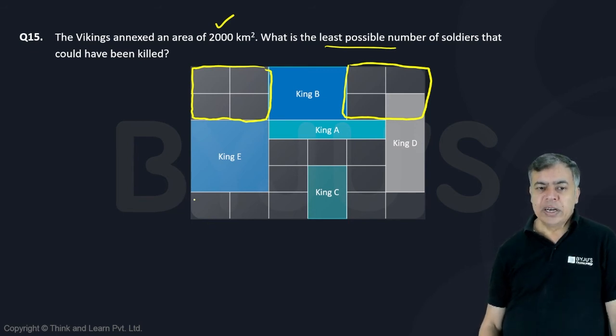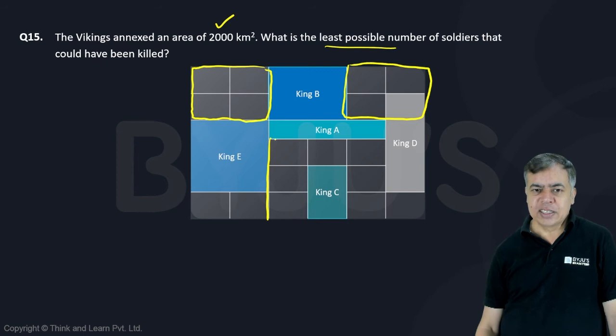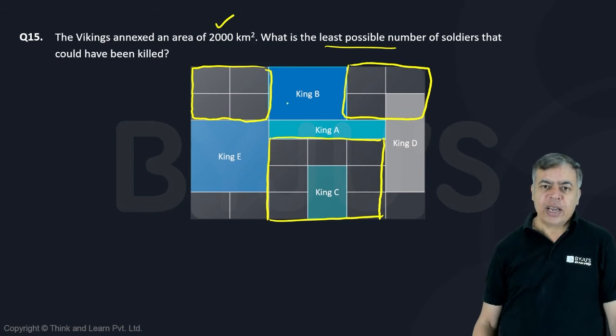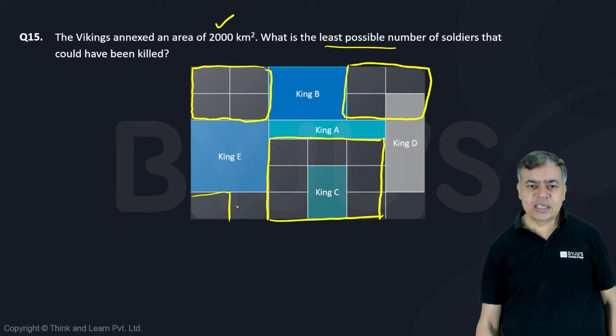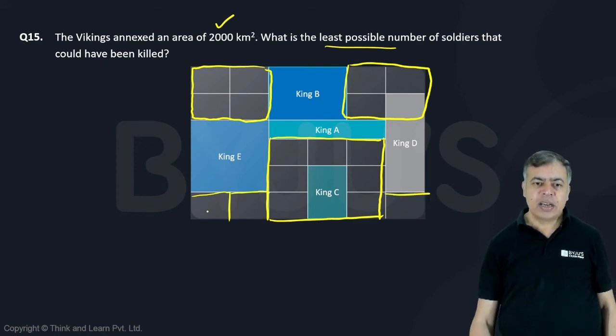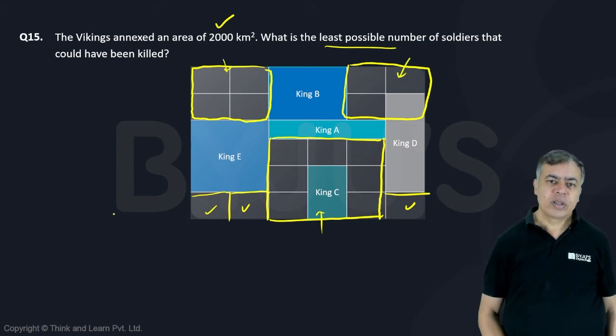Then you can take this separately, because 4 and 4, 8 already gone. 12 more I need. So I can take this together, right? 3 by 3, 9. So 9, 4 and 4, 8 and 9, 17. 3 remaining. So 3 squares, single squares I can take, because we can attack only in squares, right? So this and this separately, this together, right? This together, and this together, right?